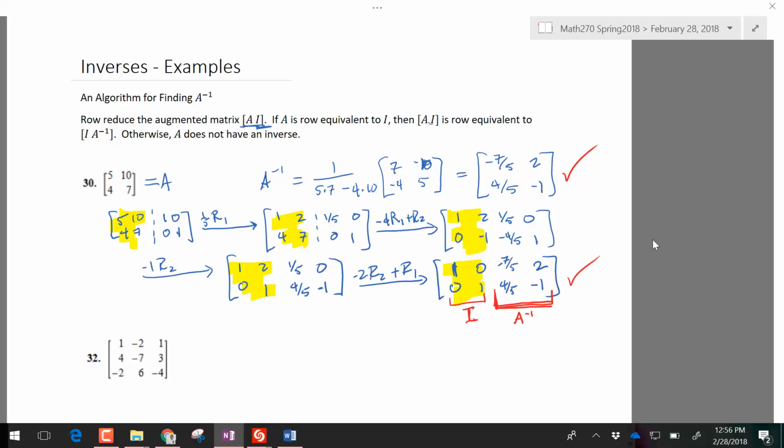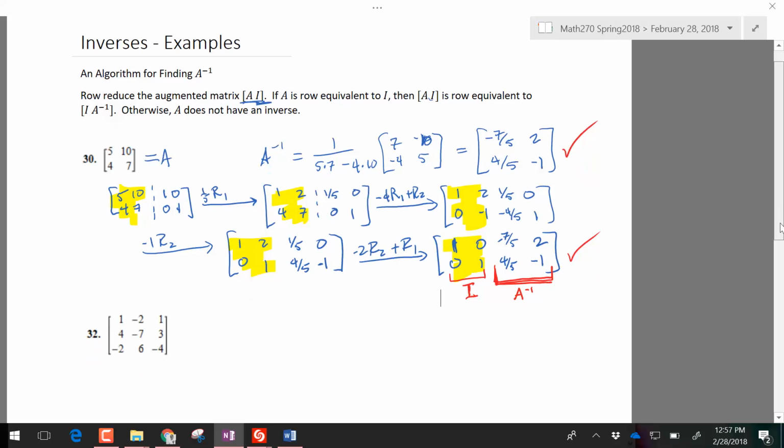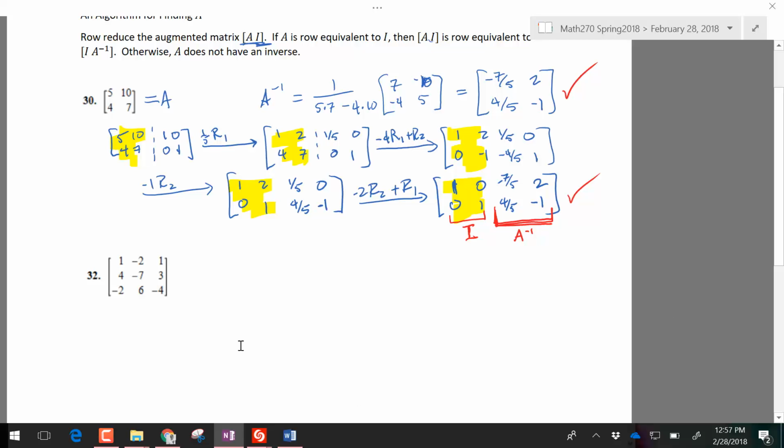All right, let's do one more of these using this algorithm, doing a 3 by 3 matrix. This time we don't have a quick way of checking, so we're just going to assume that this is going to be correct at the end.